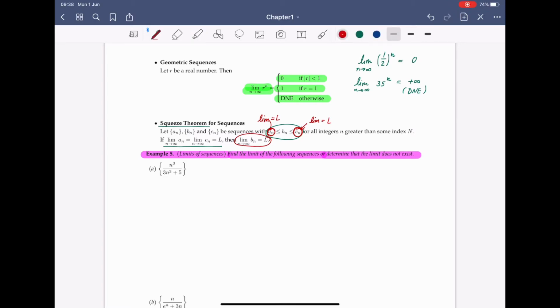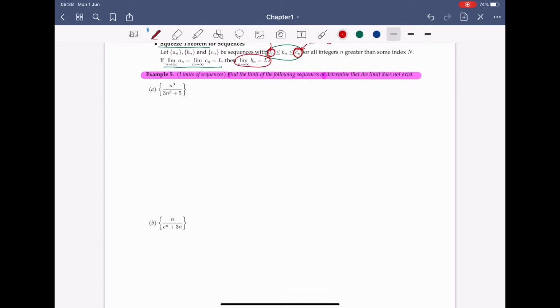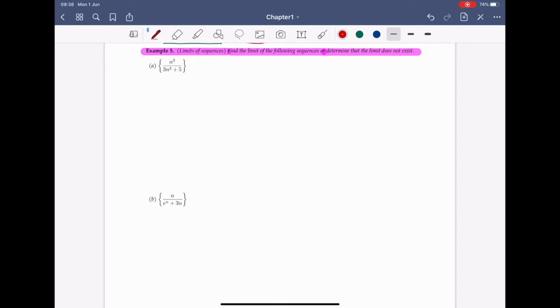First of all, we're going to start by looking at 5a. Here we have a_n equal to n cubed over 3n cubed plus 5. We're going to just compute the limit of a_n as n approaches infinity, which is the limit of n cubed over 3n cubed plus 5.